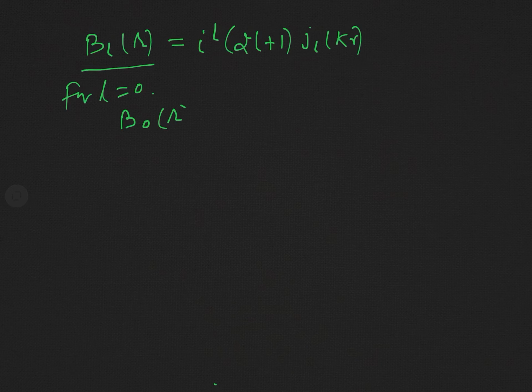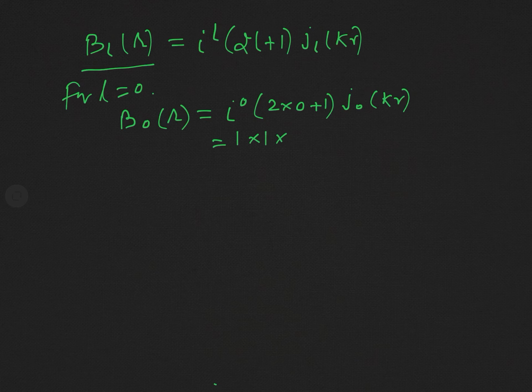So this will be written as B0 of R, and as I have taken L equal to 0, this will be i to the power 0 into 2 into 0 plus 1 into J0 of KR. And see here, this is actually 1 and this bracketed number is also 1.